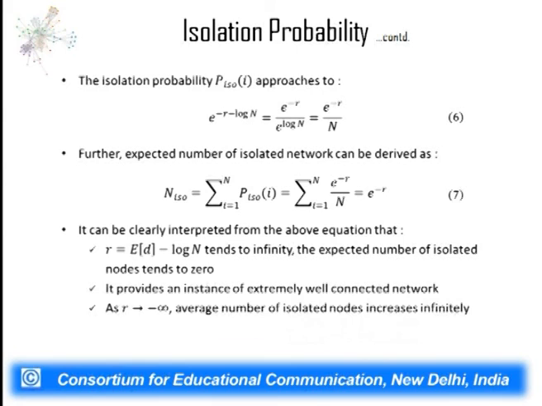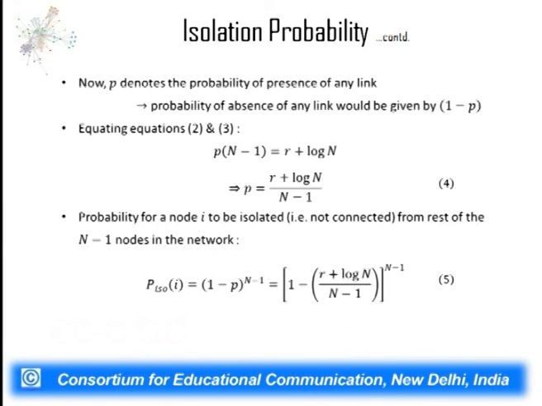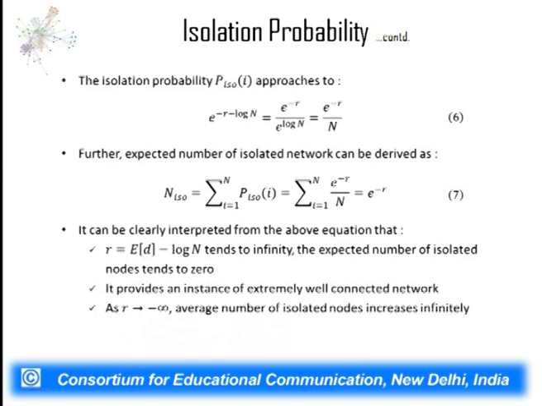And here in equation 6, a little approximation is applied relative to equation 5 that you have seen. P iso, that is the isolation probability, is this, but since it is complicated looking, we can just apply a Taylor series approximation, and we find that it is e to the power of minus r, divided by the total number of nodes n.